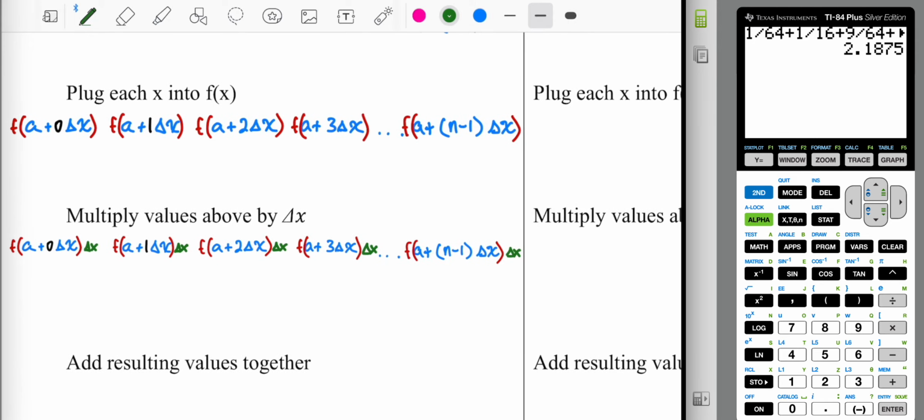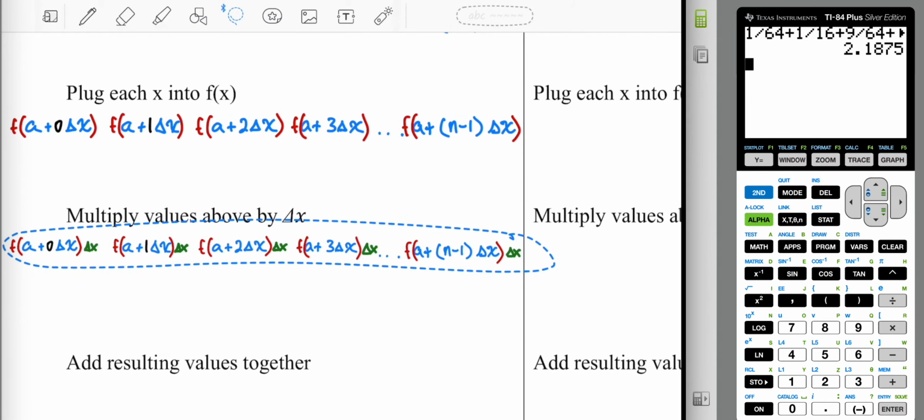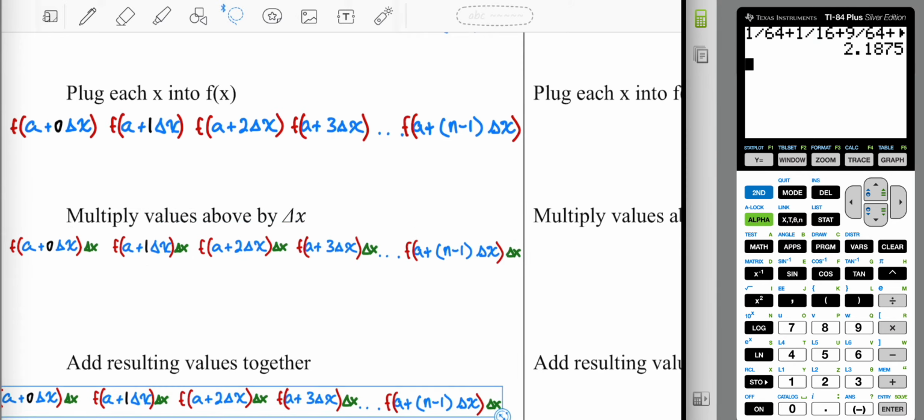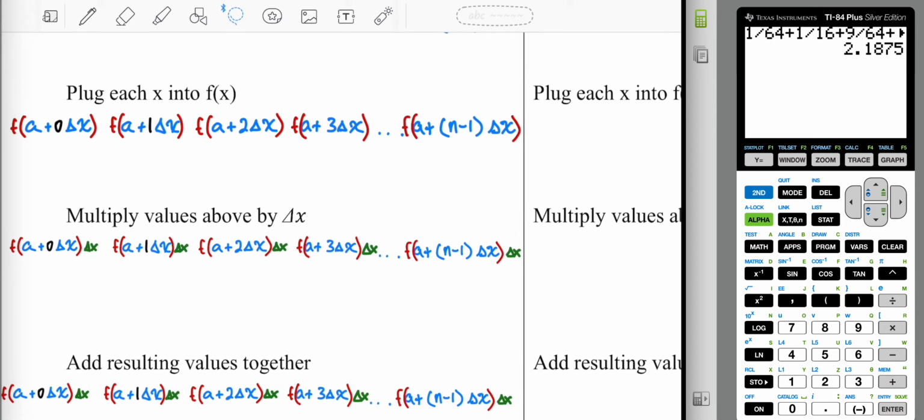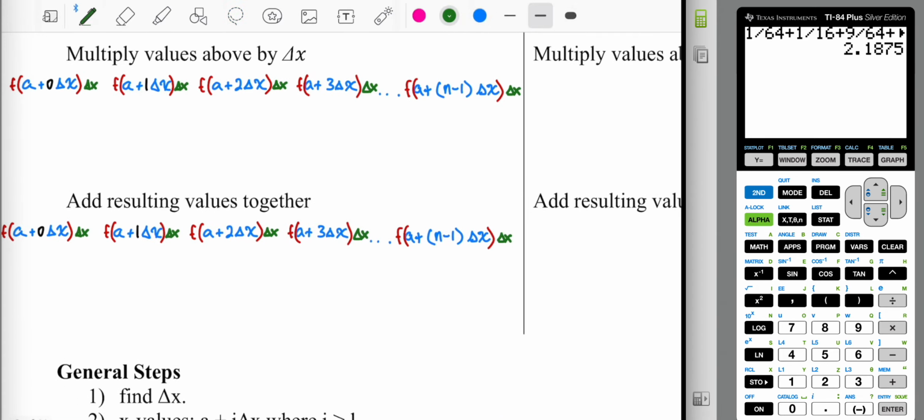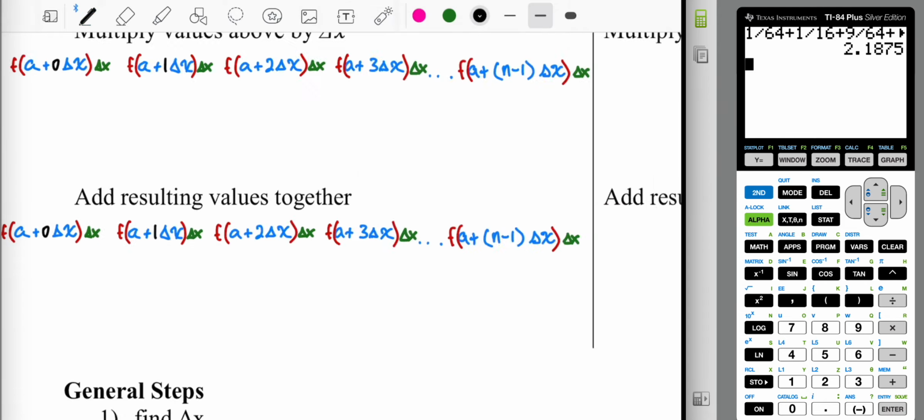All right, then we have to add them all together, but again, because it's in general terms, the best we could do is just slap some plus signs on here. So I'm going to get the black marker back into play.